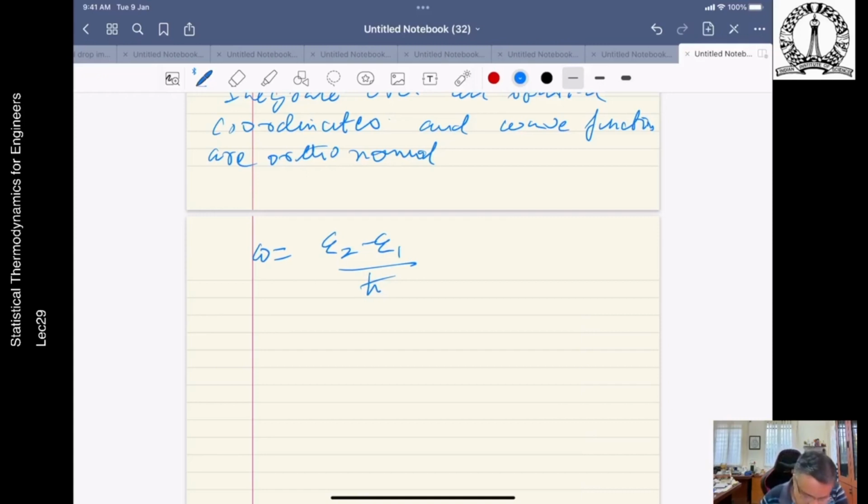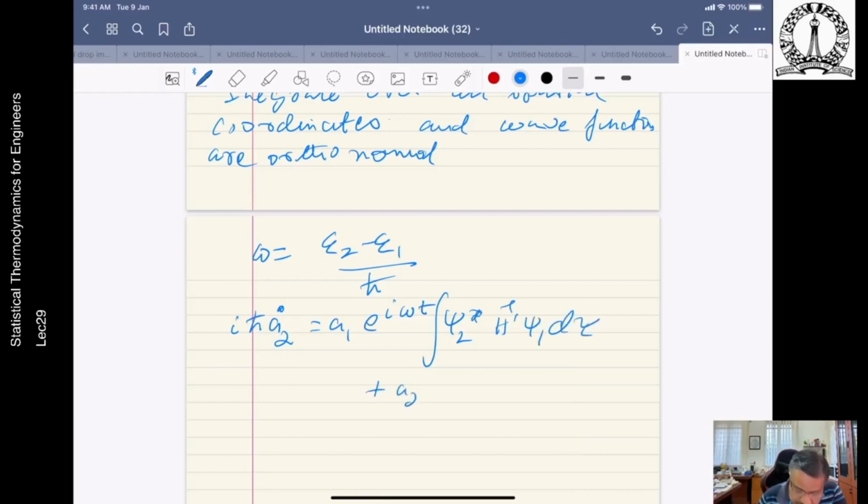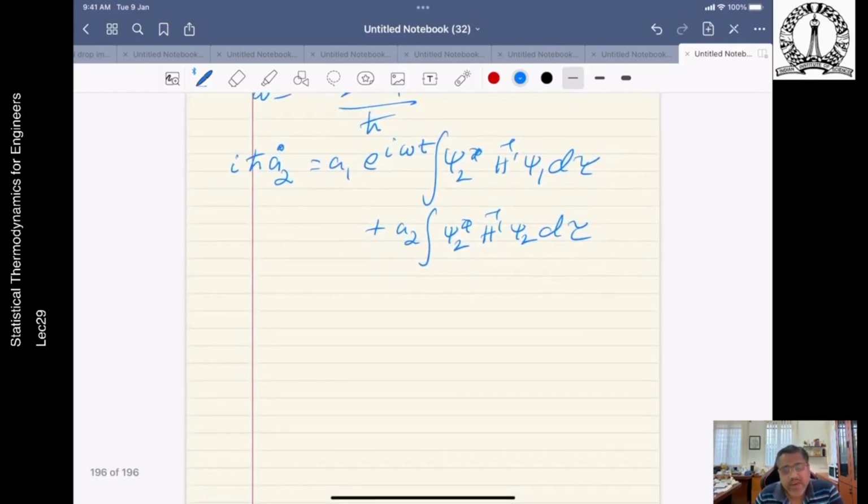So what you get is i h bar a2 dot is equal to a1 e to the i omega t integral chi2 star H prime chi1 plus a2 chi2 star H prime chi2. So this is what you get, and this is the total analysis.